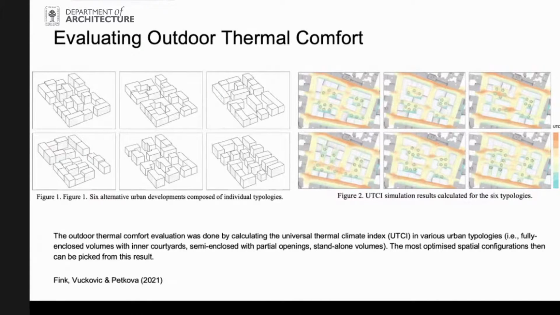Which part of that area becomes more comfortable and less comfortable? Then from those 6 alternatives, we can choose which one is the best based on what we really want that area to be. So using this building performance evaluation, we can test our alternatives and pick the one which is closer to our design intention or our design goals.